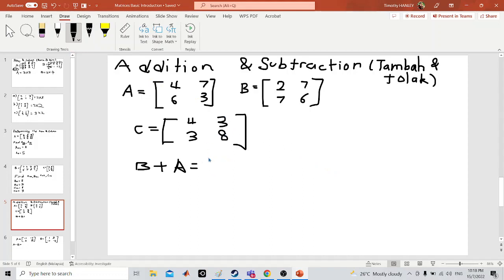So the first step to solve this question is just to rewrite the question. So the matrix B is 2 7 7 6, plus A, it's 4 7 6 3.